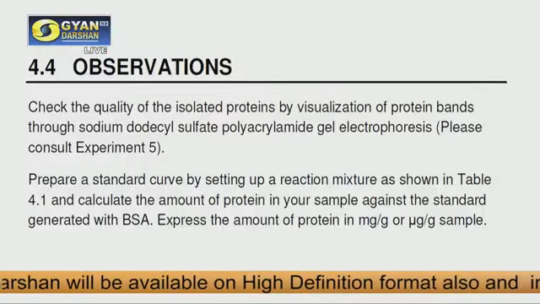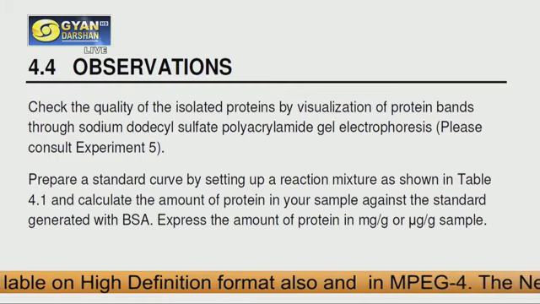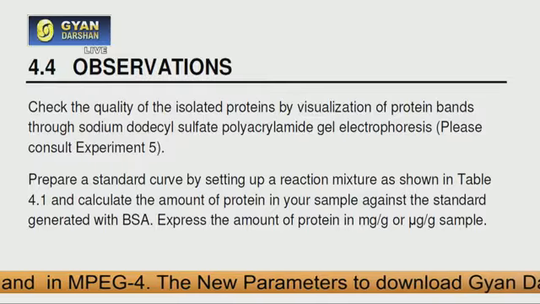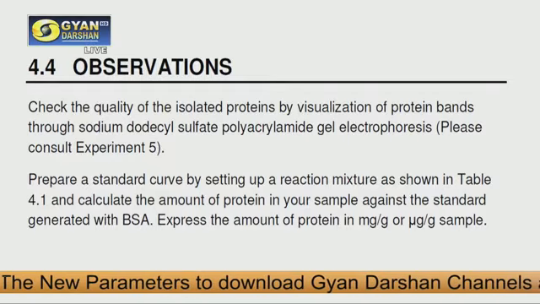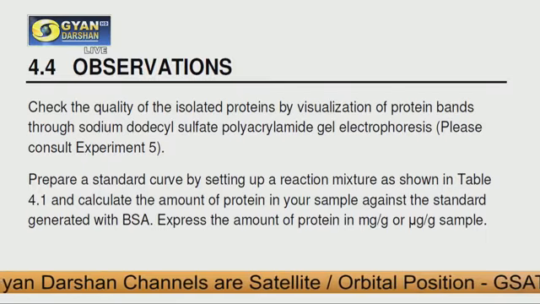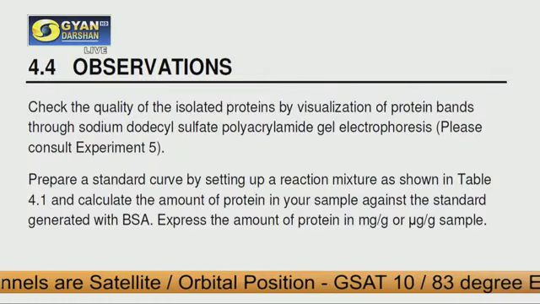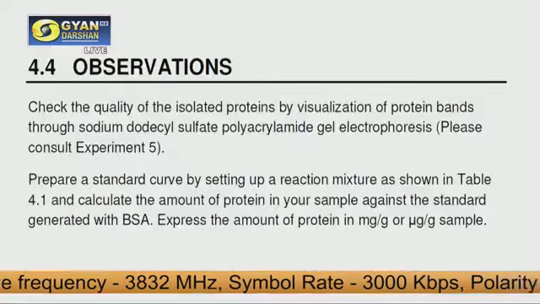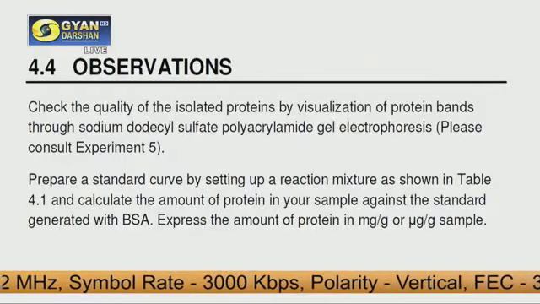So that is the qualitative part, and the quantitative part, that is how much protein is present in the sample, as I have discussed, you will prepare a standard curve based on the data that you obtain with respect to the bovine serum albumin estimation, and then compare the concentration of the protein in your sample against this standard. And finally, the protein will be expressed in either milligram per gram or microgram per gram sample, whatever be the case.